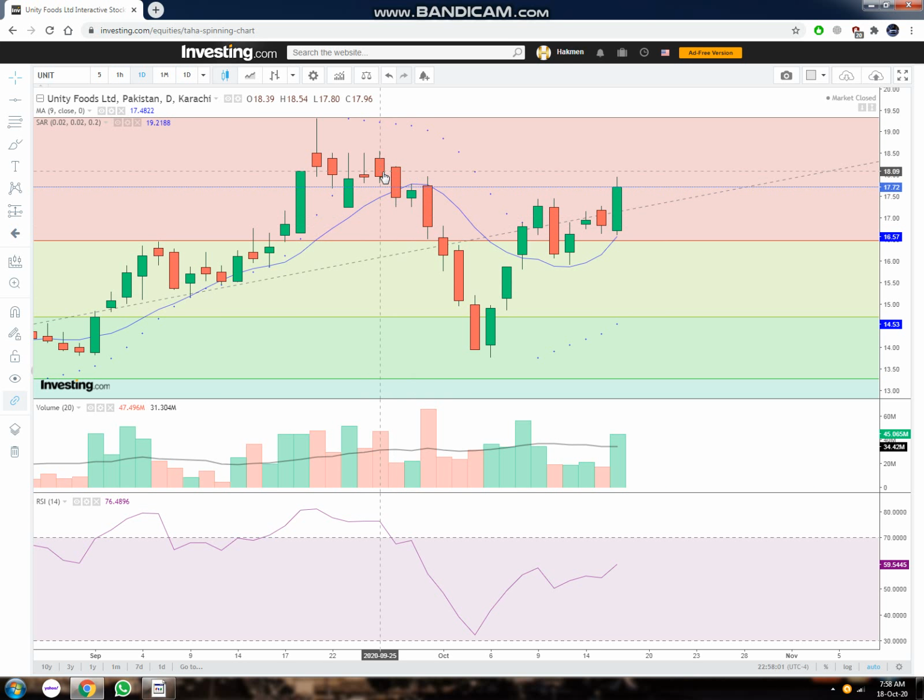So you can apply the concept which we applied here. It opened here and closed below the previous day's close. Also right here, I wouldn't trade here, I will trade right here. I will short the stocks right here at this level.